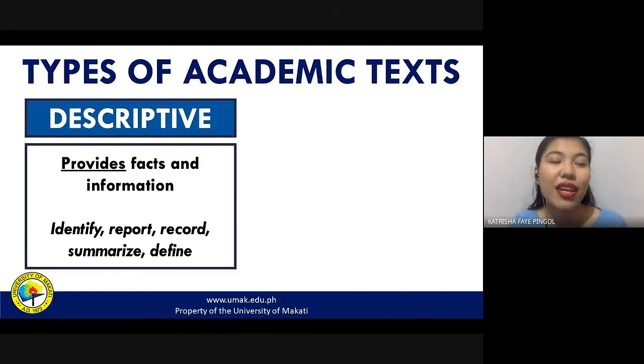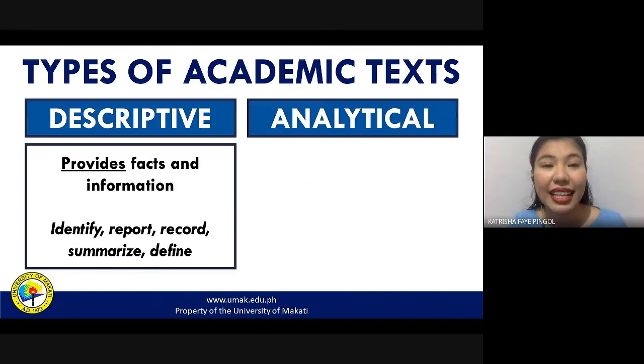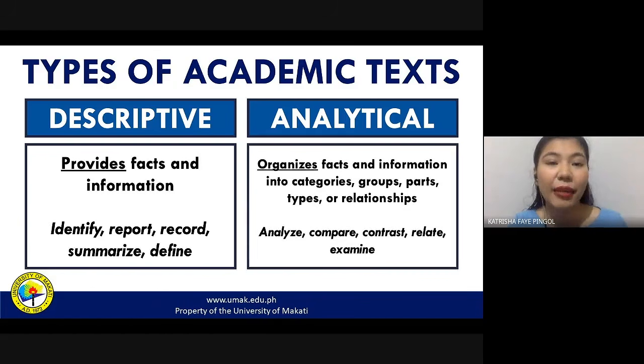a descriptive text. Next one, analytical. When we say analytical, in an analytical academic text, information and facts are organized. Now, how do we organize these pieces of information? You group them into categories, themes, different parts, okay? You organize them into different types, and you try to identify the relationships among them.